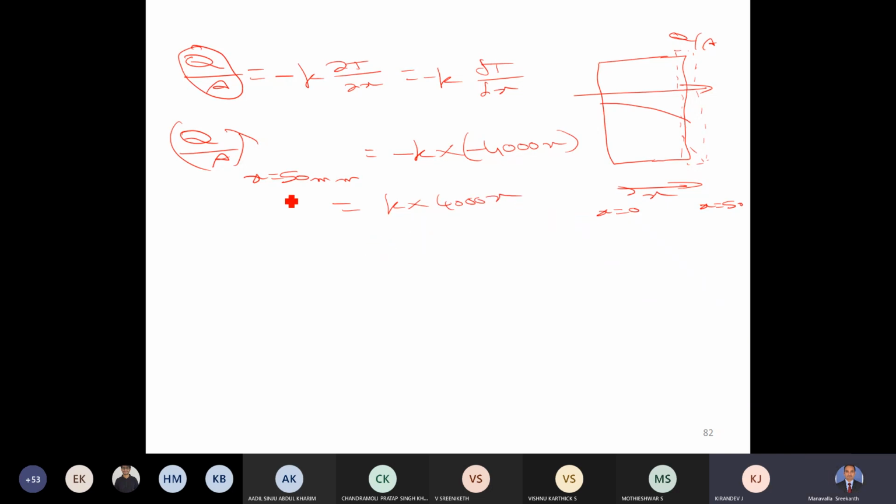So if you substitute x is equal to 50 millimeters, that will be K, which is 50, into 4000 multiplied by x. X is 50 millimeters, so we can write it as 50 by 1000.